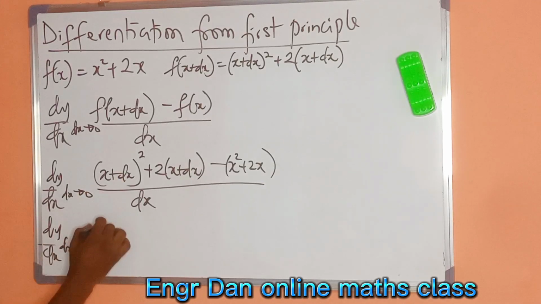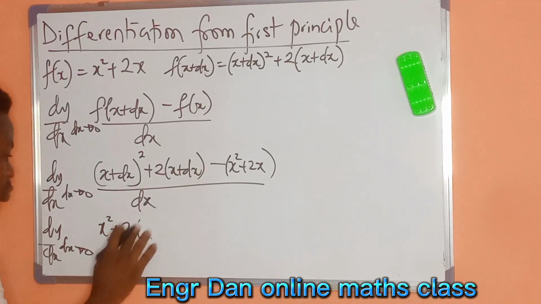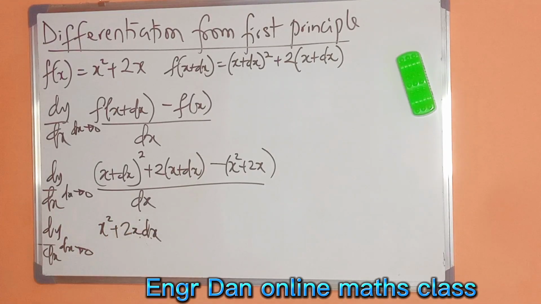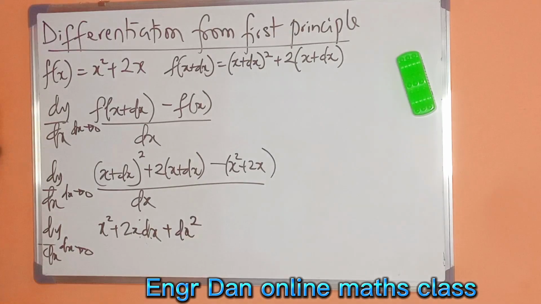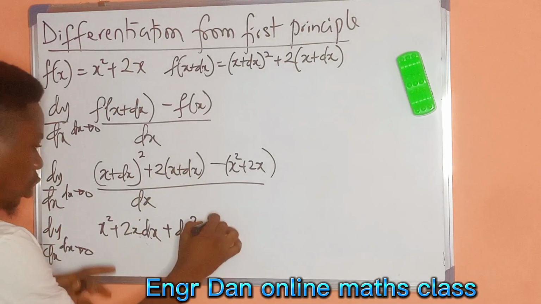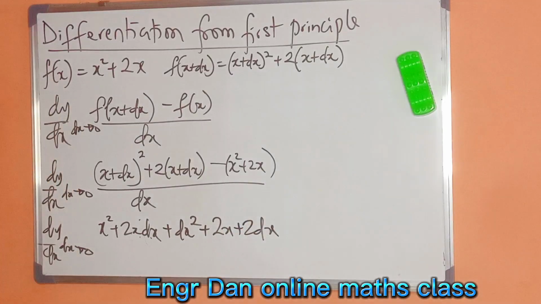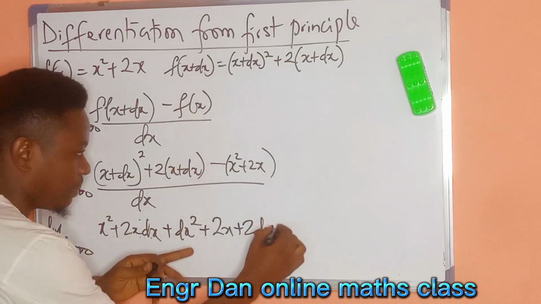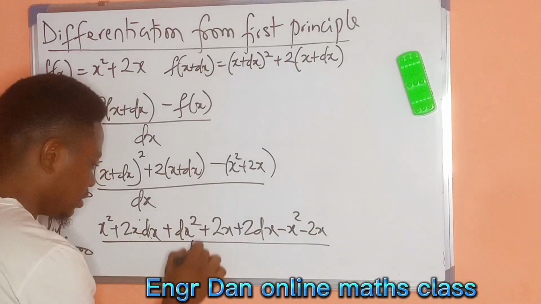If you expand this, you get x squared plus 2x dx, because that's x times dx, x times dx is 2x dx, plus dx squared. Now when you expand this, you get plus 2x, 2 times x is 2x, plus 2dx. Now this negative sign opens the bracket, minus x squared minus 2x, over dx.